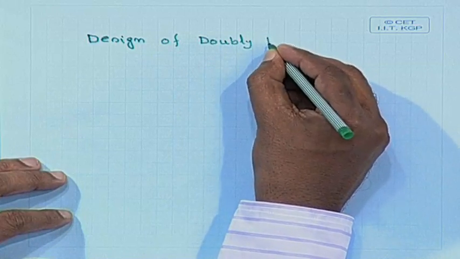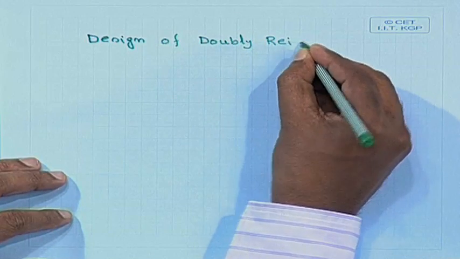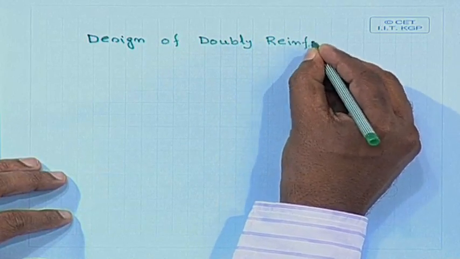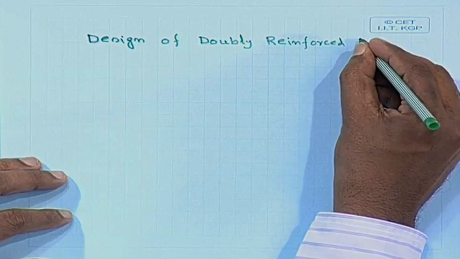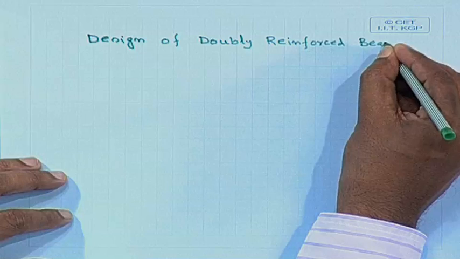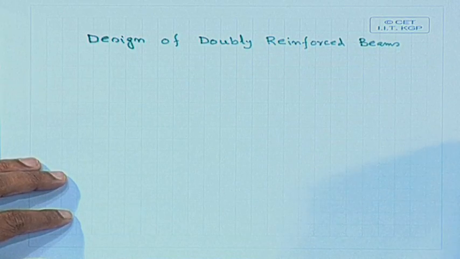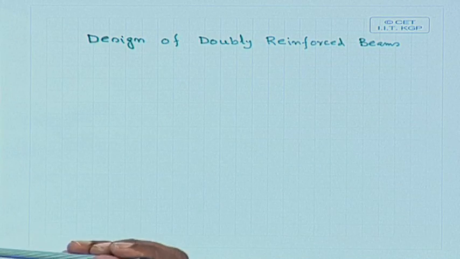So, doubly reinforced, that means reinforcement in the tension side as well as in the compression side.